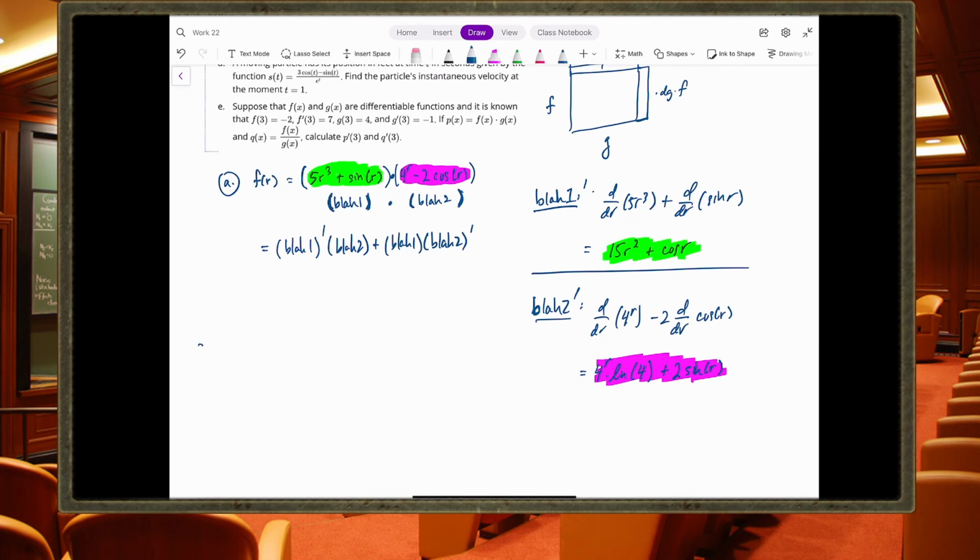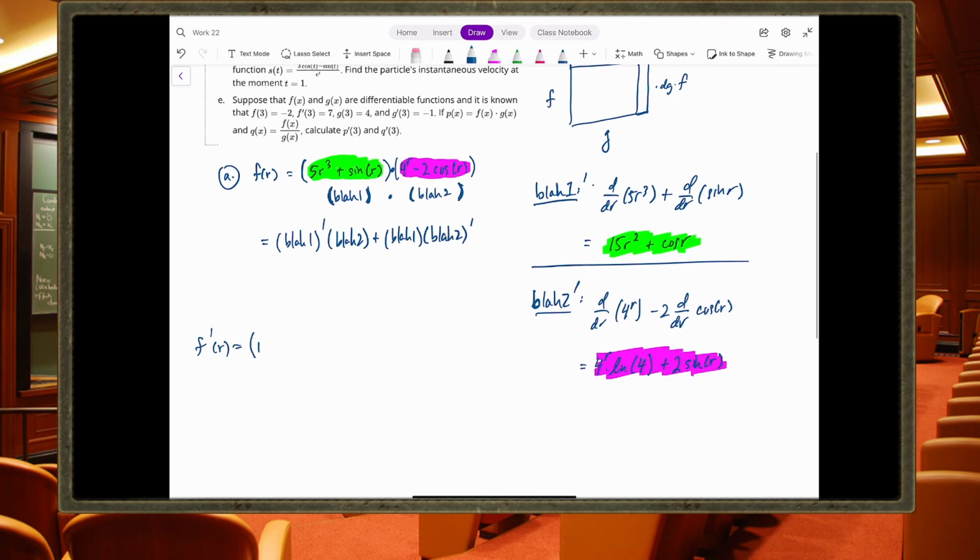All right, so in total, f prime of r is blah 1 prime. So that's this guy, 15r squared plus cos r, times our second piece just as it was. It's just the length of that rectangle without messing with it. Plus, might need to give myself some room here.